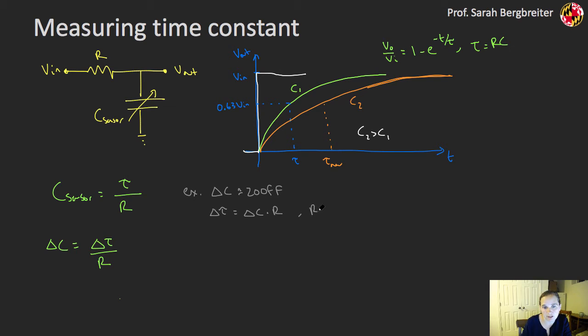If I pick a pretty high resistance here, so R is a megaohm, then I'm looking at 2 times 10 to the minus 13 farads times 10 to the 6 ohms, and so I'm looking at 2 times 10 to the minus 7 seconds, or 0.2 microseconds.